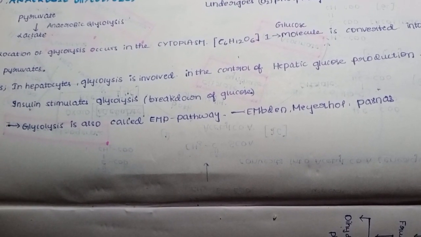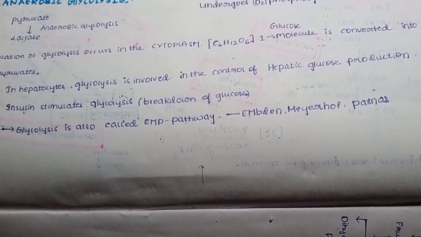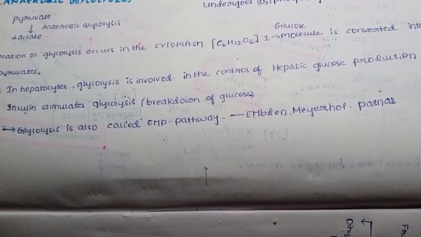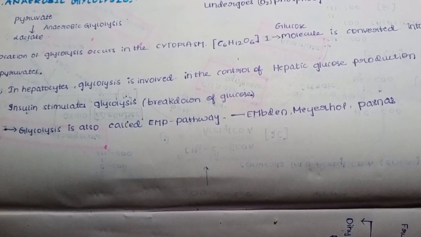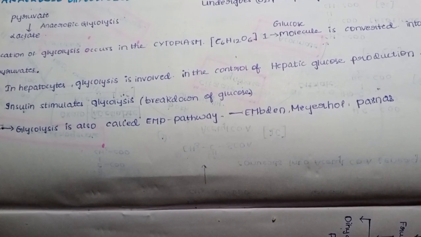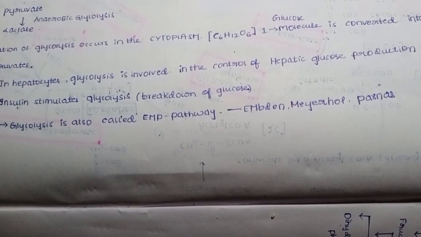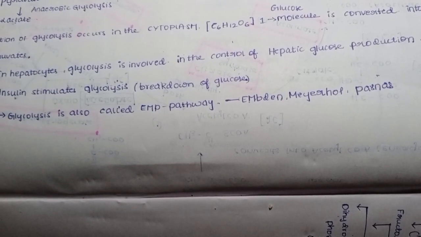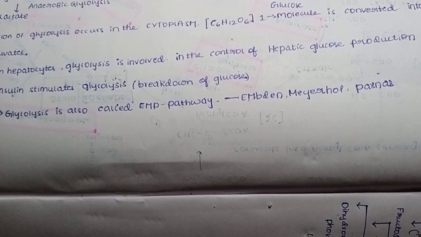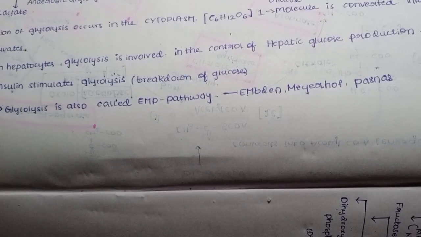Next, glycolysis is stimulated in diabetes mellitus. Diabetes mellitus is a chronic metabolic condition where excessive glucose levels are there in our blood, that is hyperglycemia, which is nothing but an excessive amount of blood glucose.